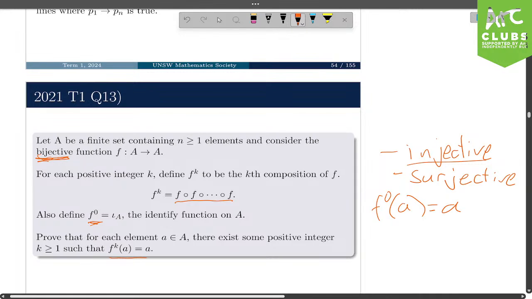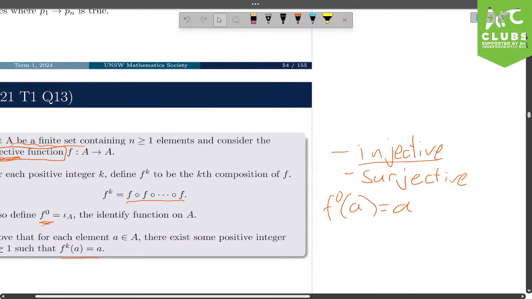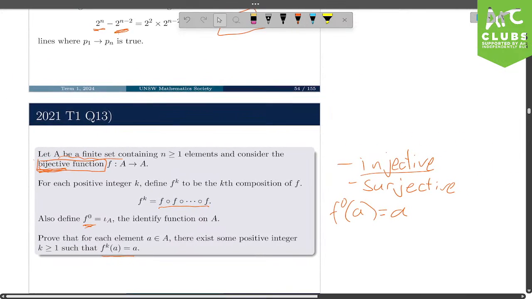Okay, so there's two things we want to do for this question, which are very important. The first is to try and use every important piece of the question. There's 2 important pieces. There's a bijective function, and there's one slightly subtle piece of information, which is that A is a finite set. The second piece we want to use is that diagrams are very helpful.